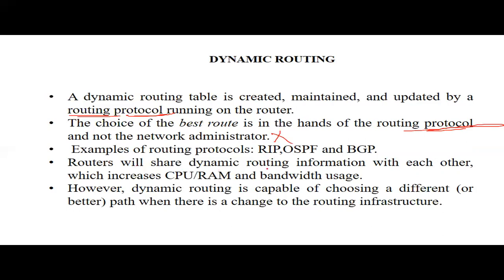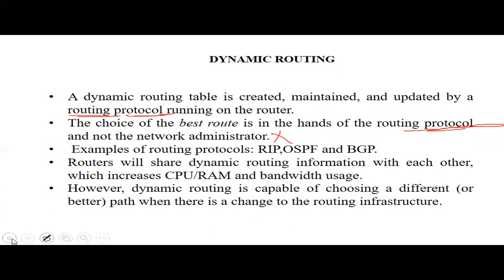Now, routers will share dynamic routing information with each other. In the earlier case, routers won't share the information, but in this case, routers will share information with each other, whether a router is down or a new router is added. Dynamic routing is capable of choosing a different path when there is a change to the routing infrastructure.